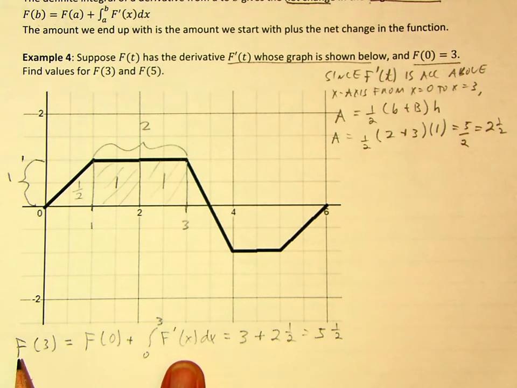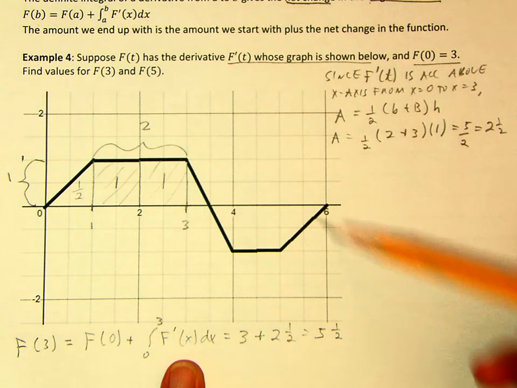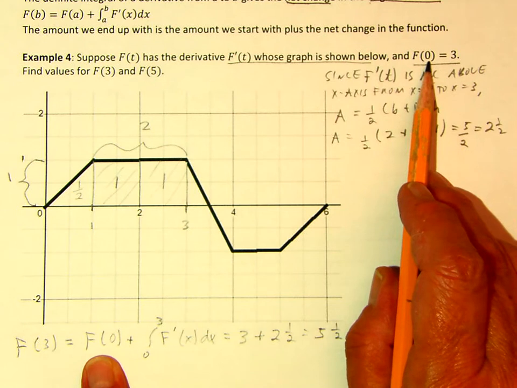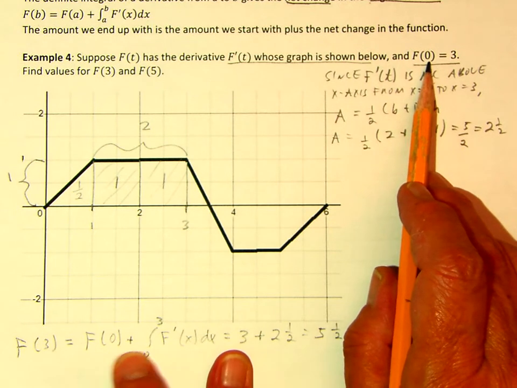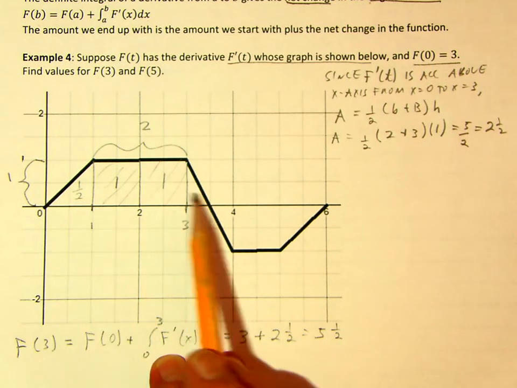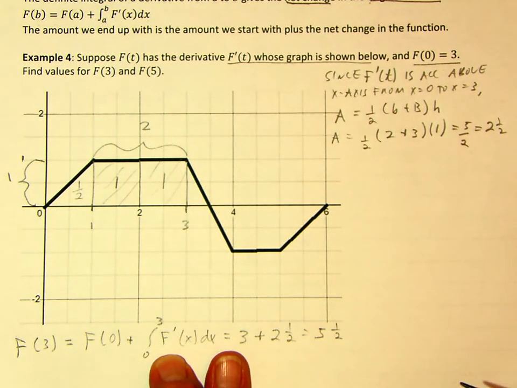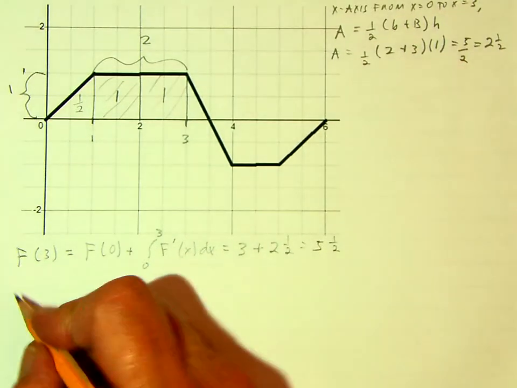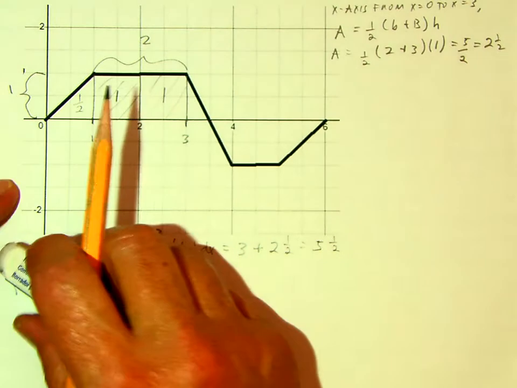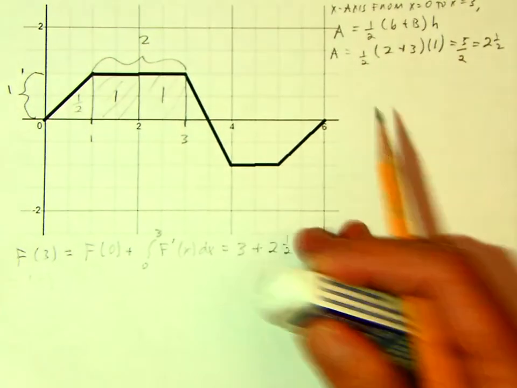So capital F of 3 is 5.5. That is F of 0, which was given to us as 3, plus the area from 0 to 3, which we just calculated. So let's go ahead and find capital F of 5. I'm going to leave a little more space here so I can write the integral.